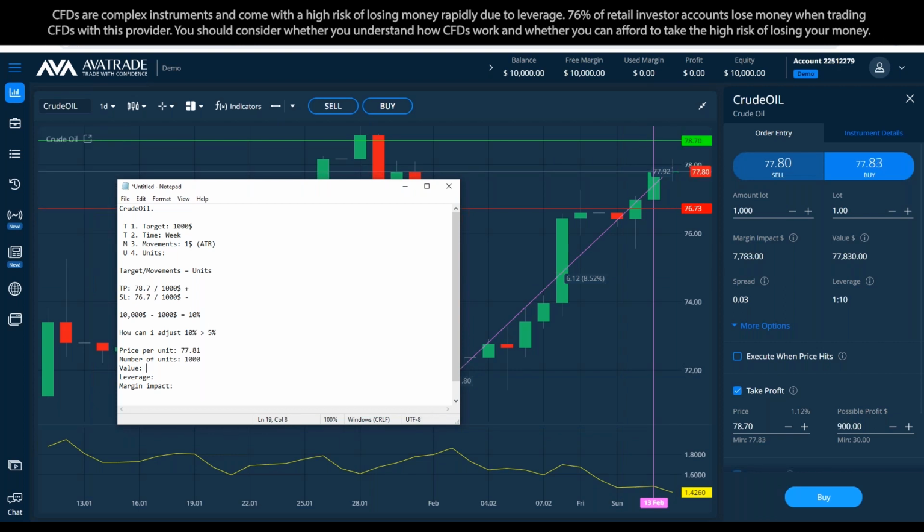The value comes down to 8,830. How can I know? Because the value is price per unit multiplied by number of units.